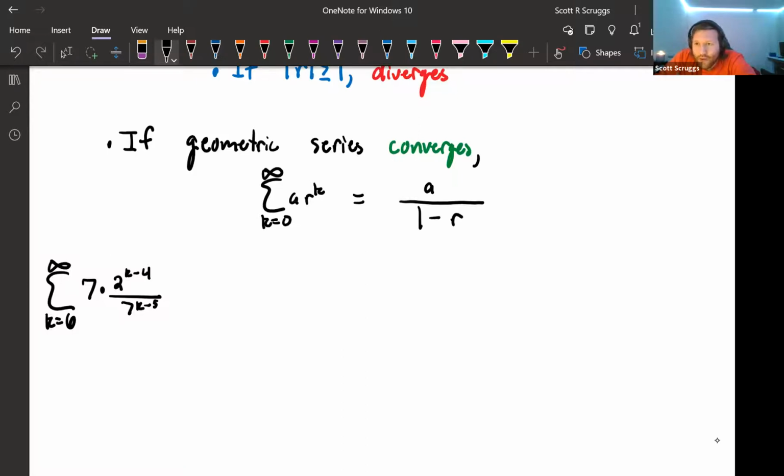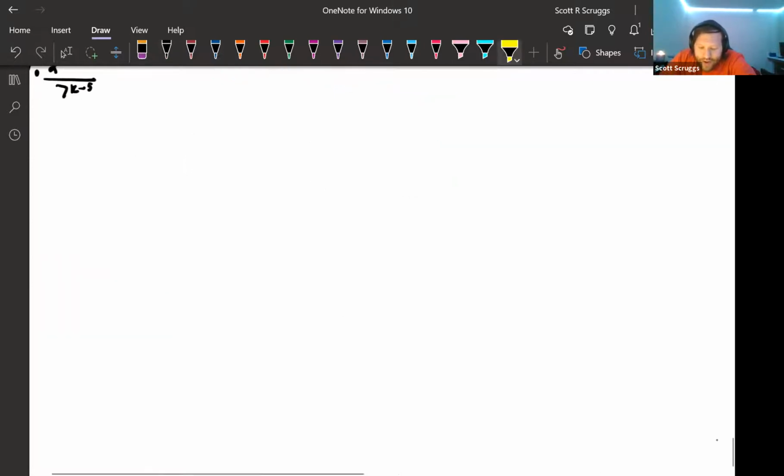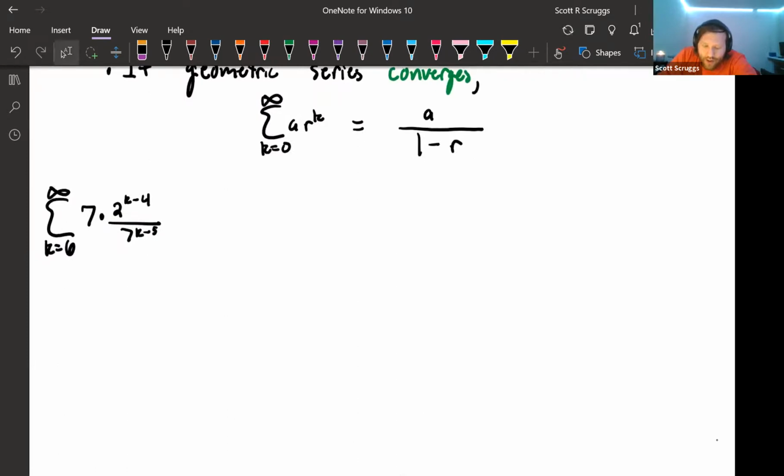So I'll go ahead and let you know that this is a geometric series because I do have a common ratio, or I have a number with the exponent being dependent on the index of the series for that.